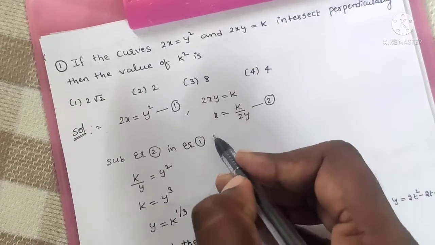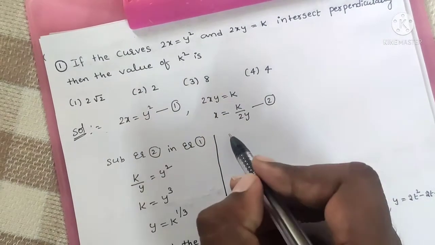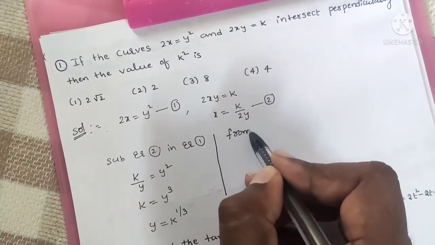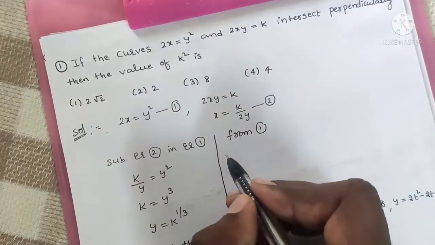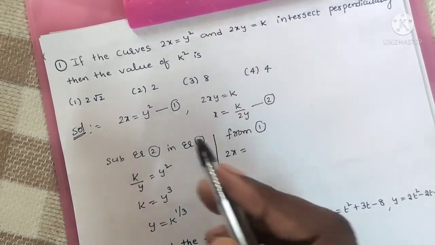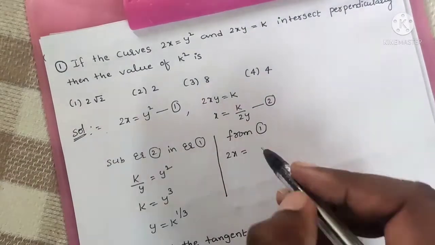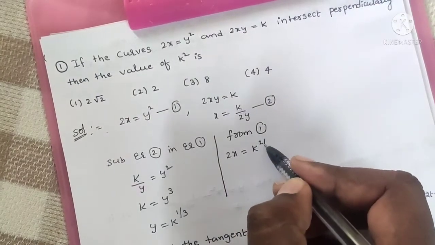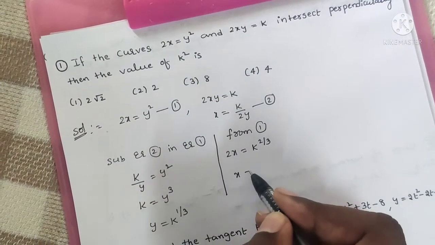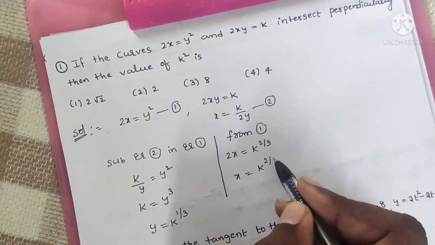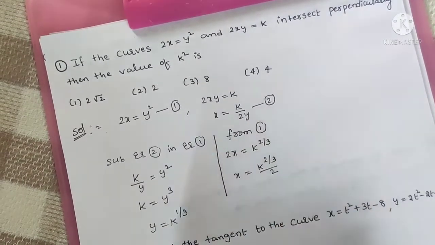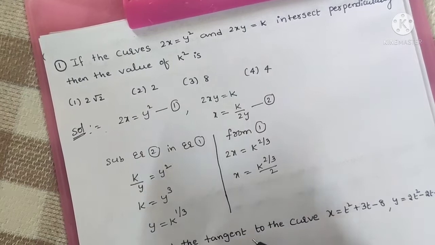Finally we got the y value. Substitute this y value in equation 1, we will get the x value. Then 2x is equal to y square, the square of k power 1 by 3, that is k power 2 by 3. Then the x value is k power 2 by 3 by 2. Finally we got the x value and y value.